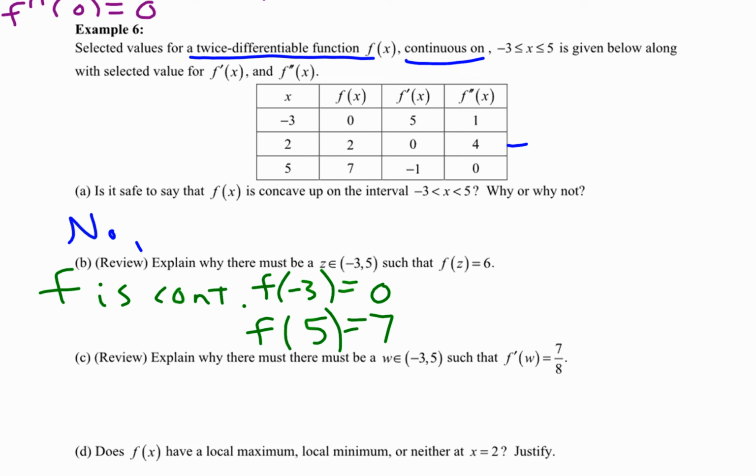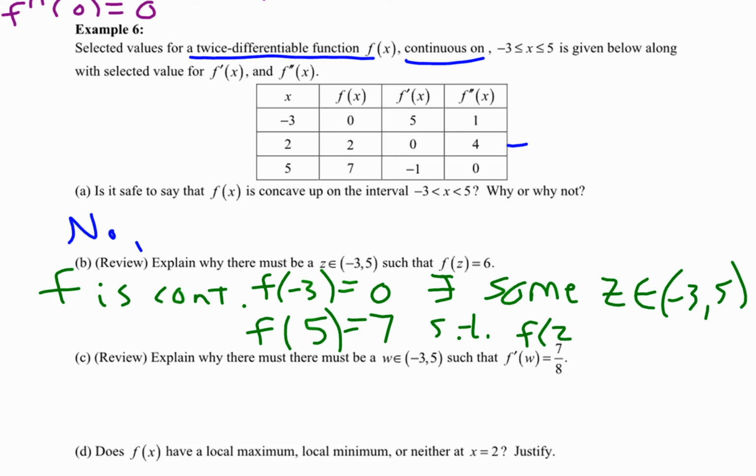So there must be, or there exists, some z on that interval such that f of z equals 6, since 6 lies in between 0 and 7.